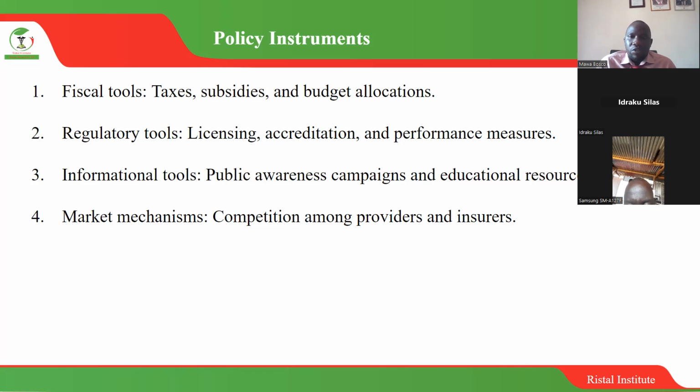Okay, it creates competition, and then the prices actually come down. So if the government involves itself in some of the things, it can help in addressing some of the health problems. Okay, so those are the policy instruments that the government authorities can use to address any policy issue or any health problem.